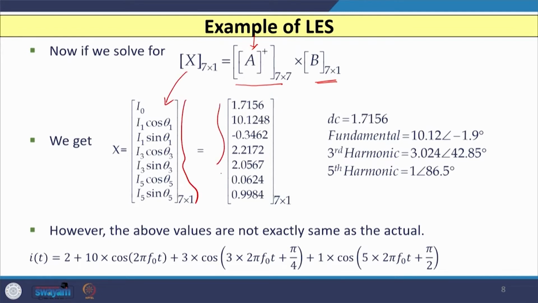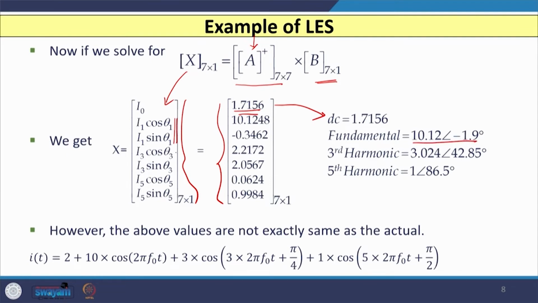Here you can see that the DC value comes out to be 1.7156. For the fundamental term, I 1 cos theta 1 plus j I 1 sin theta 1, if you obtain the magnitude and angle, you will get 10.12 at an angle of minus 1.9 degree.